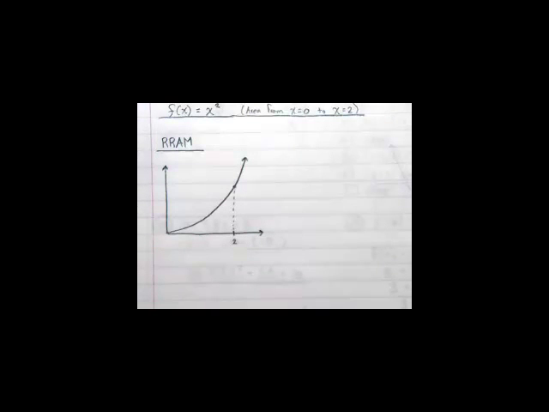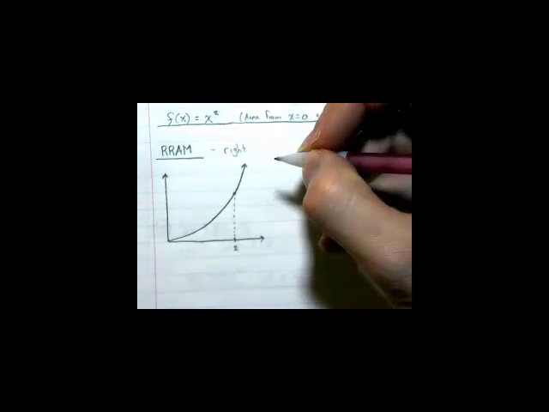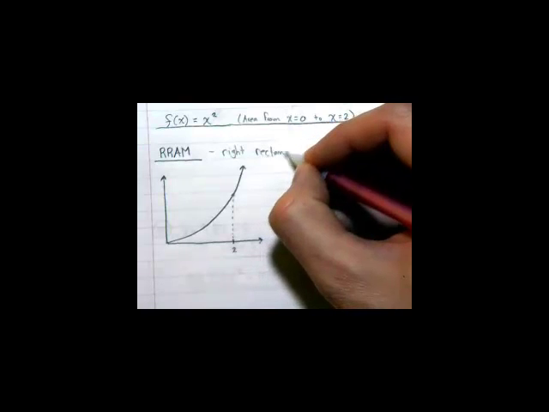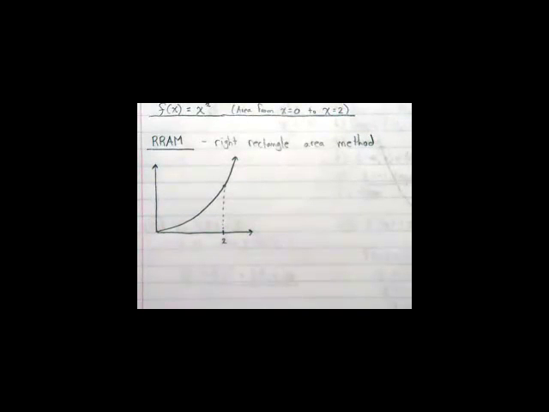The R stands for right, as in the right side. And so we're going to make some rectangles in here. The top right corner of each one of those rectangles should be touching the function.